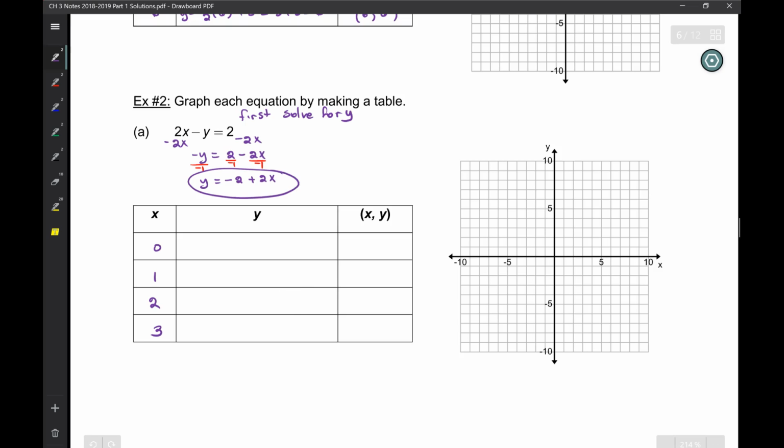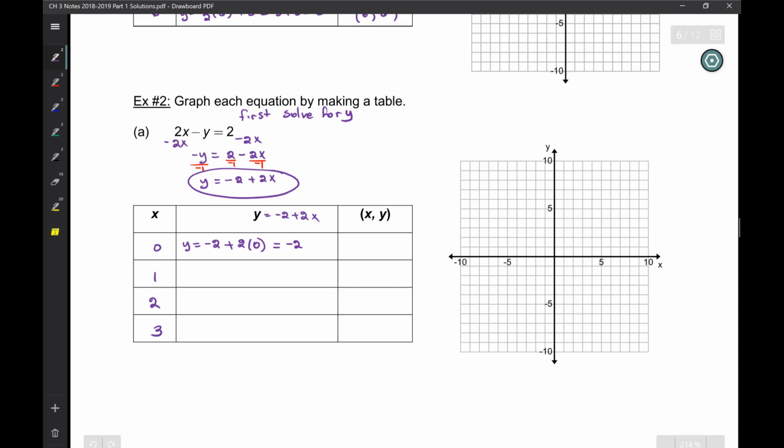So now this is what I'm going to plug my numbers into. Y equals negative 2 plus 2x. Now, I choose x equals 0, 1, 2, 3. So, when x is 0, y equals negative 2 plus 2 times 0.